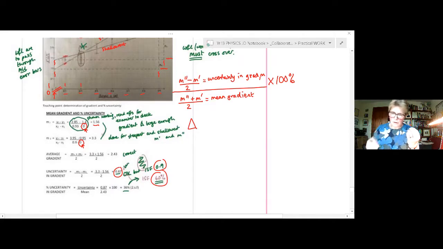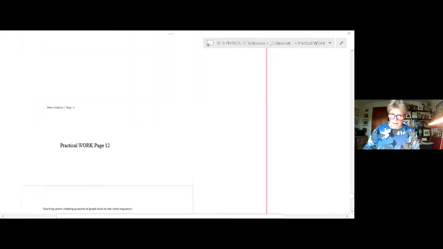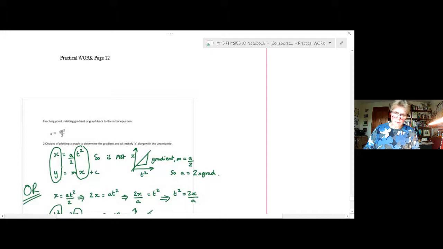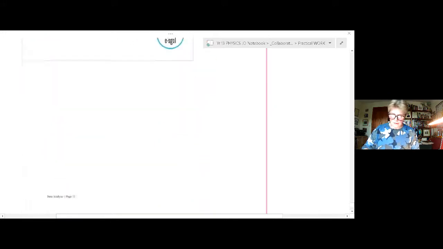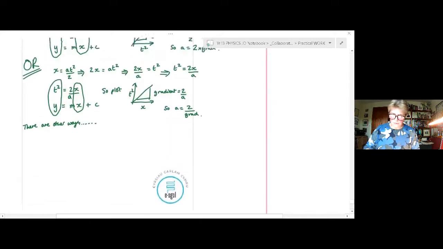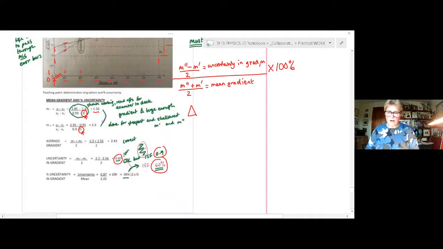So when you're doing questions for data analysis, think, how are you using what you've just done into the next part? So you've worked out the gradient here, and then you might have to use it to work out something else.